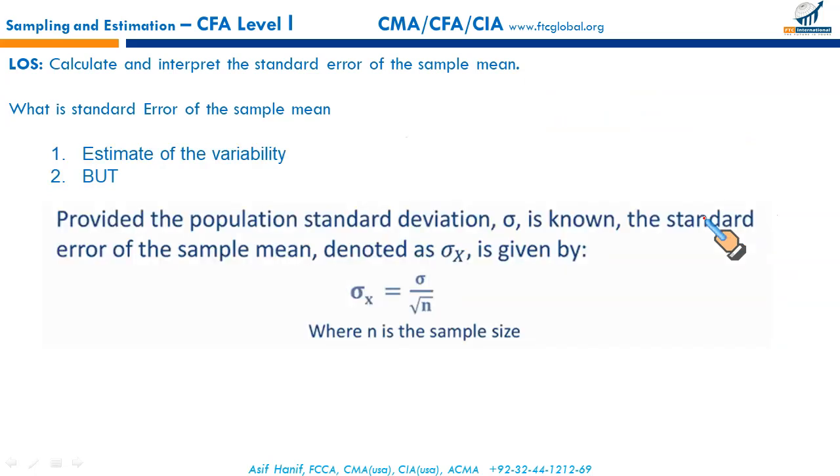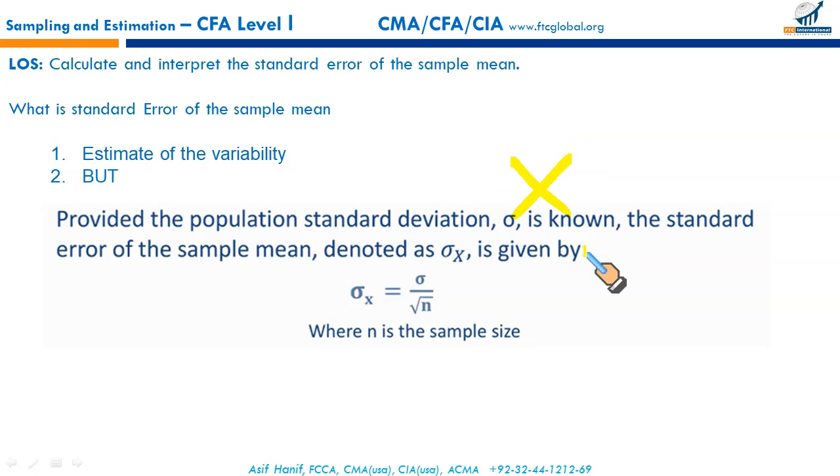All right, now this is the formula we use to calculate the standard error. But remember, an important point to be noted here: this will be used when we have the population standard deviation. Provided the population standard deviation sigma is known, the standard error of the sample mean can be calculated using this formula. But in most cases, you will not have the standard deviation of the whole population. Maybe your population consists of thousands of elements, a huge population.